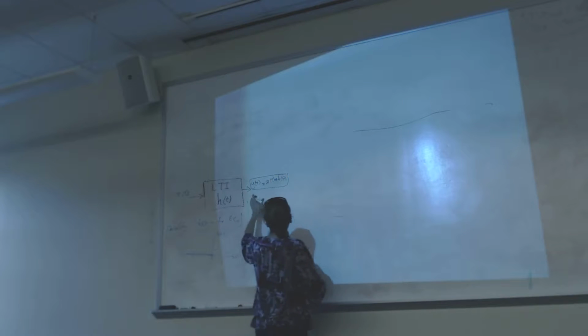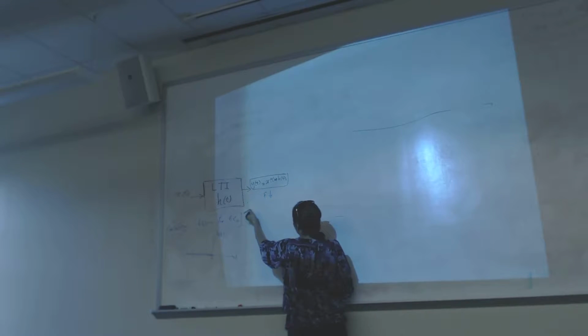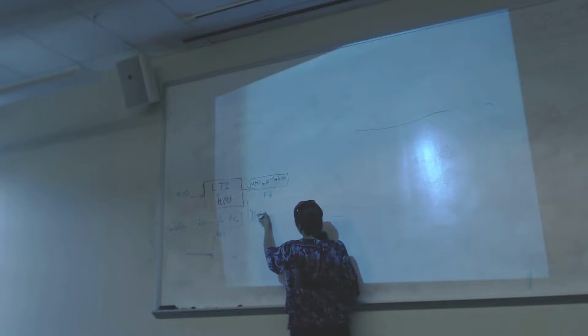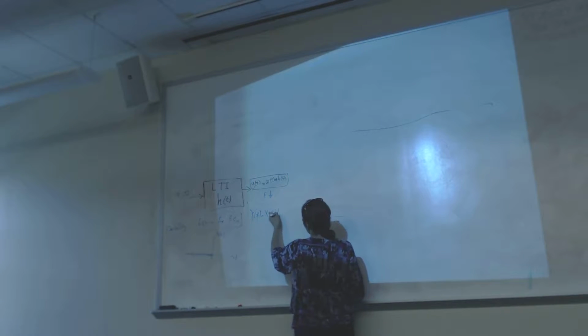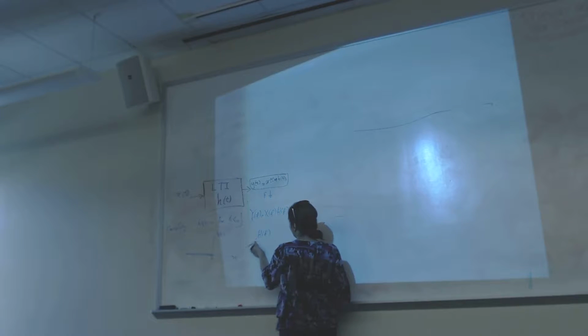Now back to this convolution. It's a convolution in time, so I can take a Fourier transform. Convolution becomes multiplication, so Y of f equals X of f times H of f. This H of f is called the transfer function.